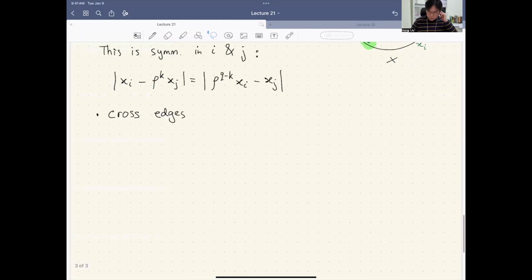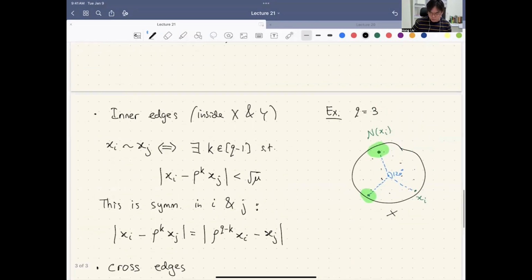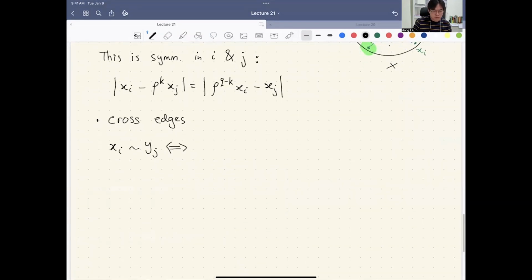Okay. For the cross edges, xi is adjacent to yj if and only if it satisfies two conditions. A, we need to scoop out some strip around the equator or some rotation of the equator.